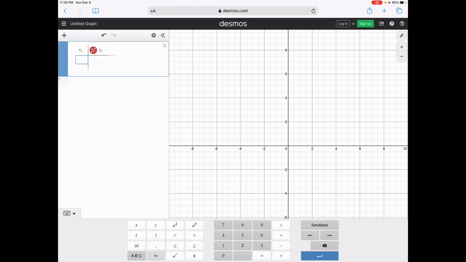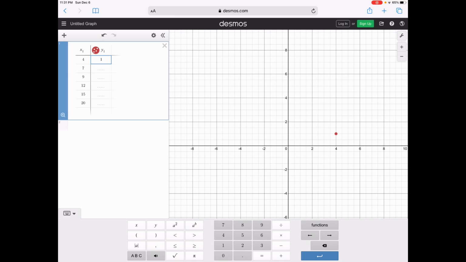So we had an x value of 4, 7, 9, 12. We also had a 15 and a 20. And now I'm going to go over to the y column here and input the y values of those data points.